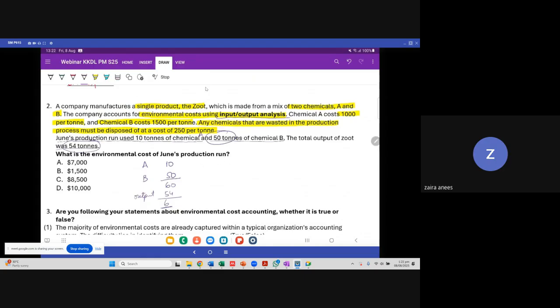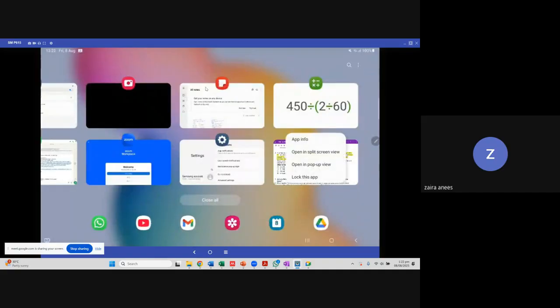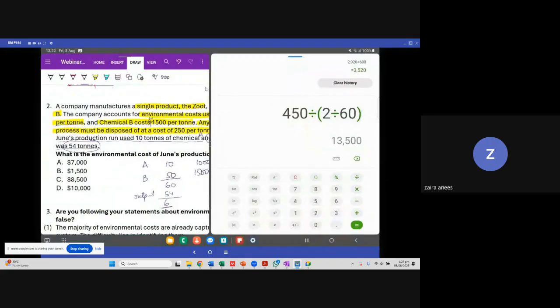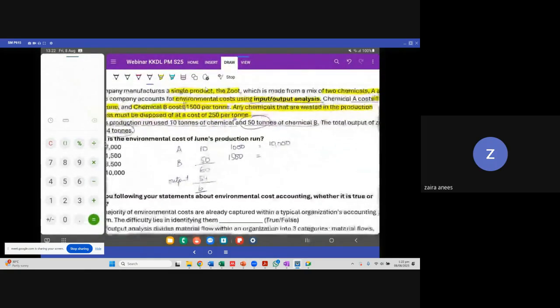Okay, let's try to do this. Chemical A cost is $1,000 per ton, so that is 10,000. Chemical B cost is $1,500 per ton, so 50 into 1,500.